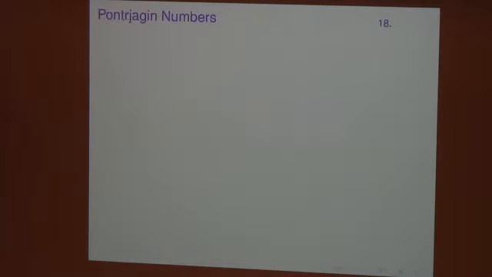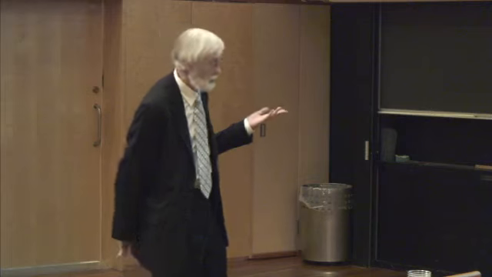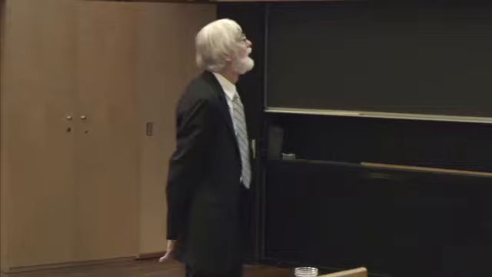Now, I have to proceed further with this. I have to define Pontryagin numbers. These were introduced back in the 40s by Lev Pontryagin. I believe the cohomology terminology perhaps wasn't available or wasn't known to him, but we would now state what he did by saying that he defined certain cohomology classes for the Grassmannian, but only in dimensions divisible by 4.